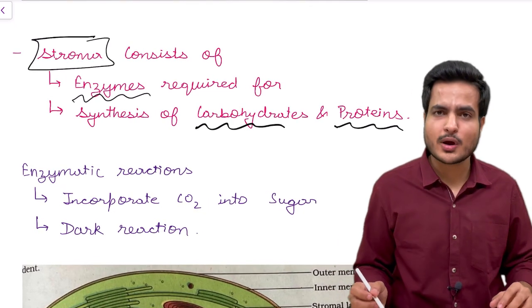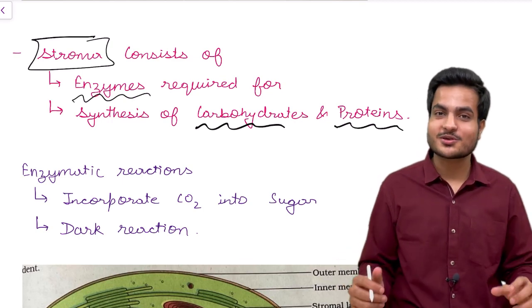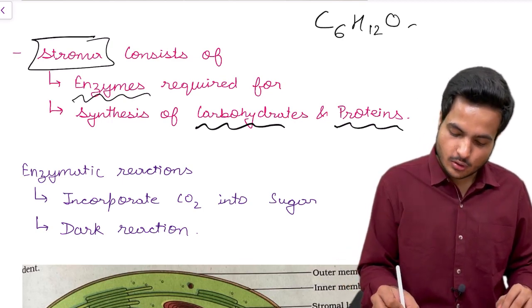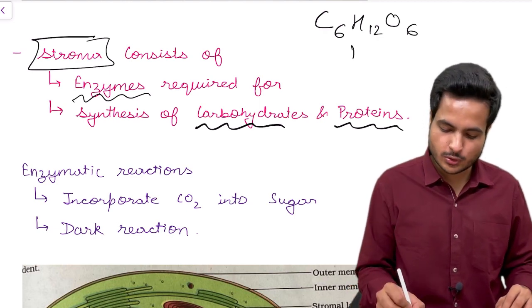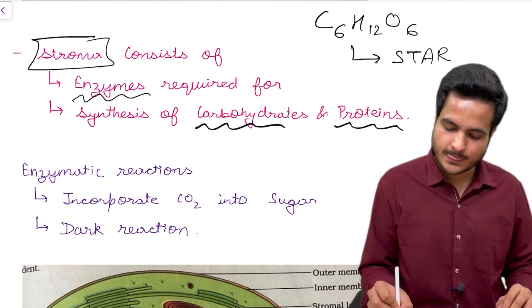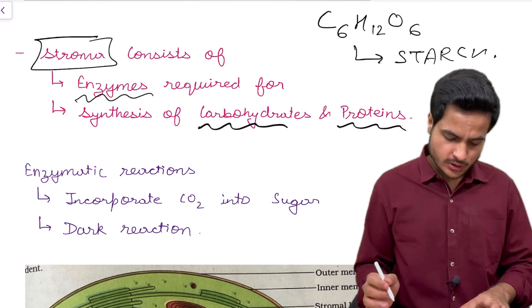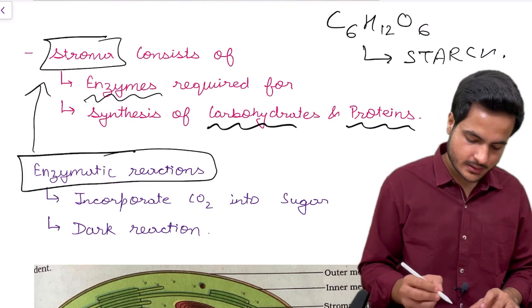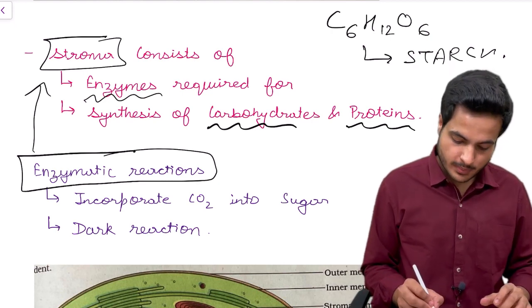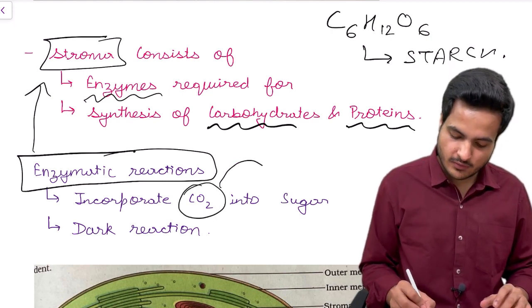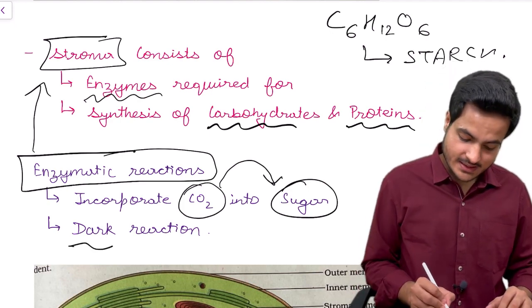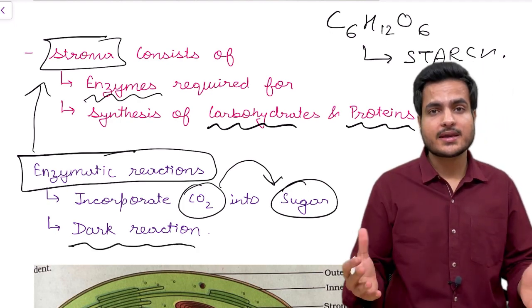And the major carbohydrate synthesized during photosynthesis is none other than the glucose molecule, which is stored as starch in plants. So the enzymatic reaction done in this stroma incorporates carbon dioxide and converts it into glucose, that is a sugar, and this reaction is called the dark reaction.